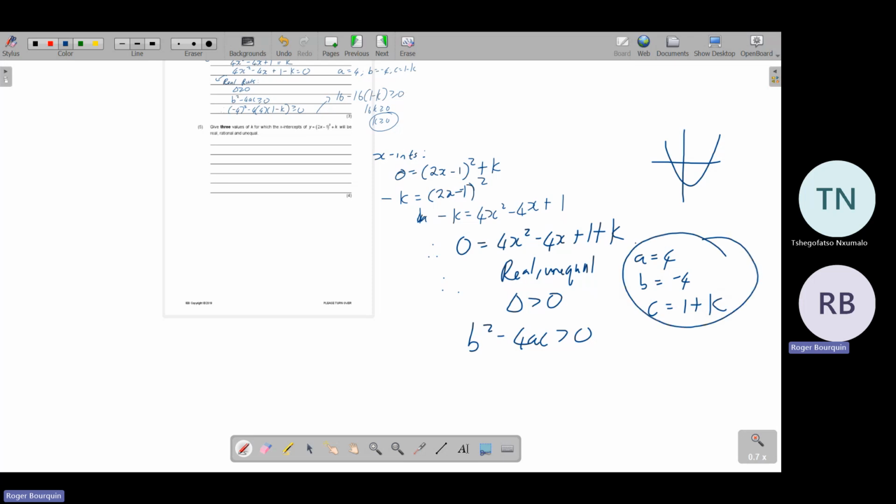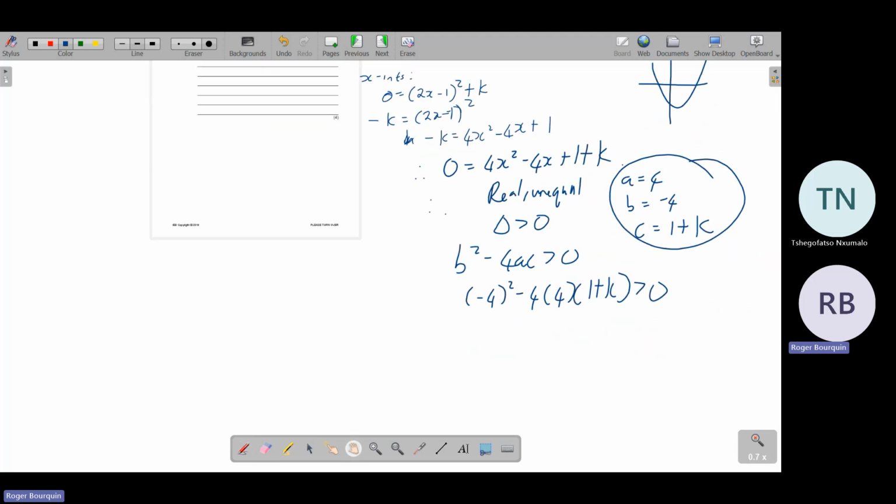Do you agree? But now it's not greater than or equal to 0, it's just greater. So I get minus 4 squared minus 4 times 4 times 1 plus k.